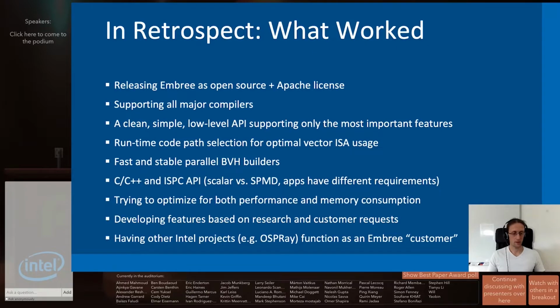As I mentioned before, the two key forces in developing new features were doing our own research and listening to our customers, and also having other Intel projects function as an Embree customer. This also made Embree more battle-proven because it made sure that we integrate the right feature set for sometimes very special applications.